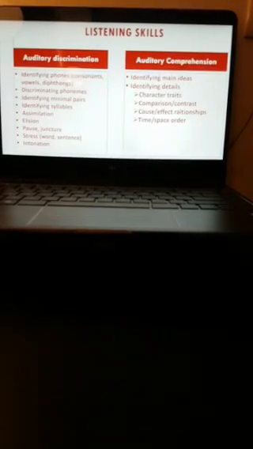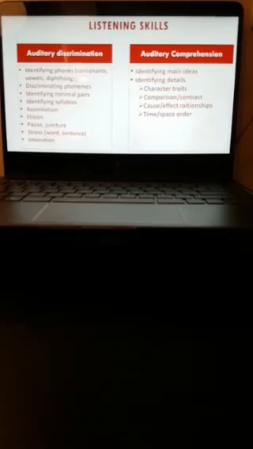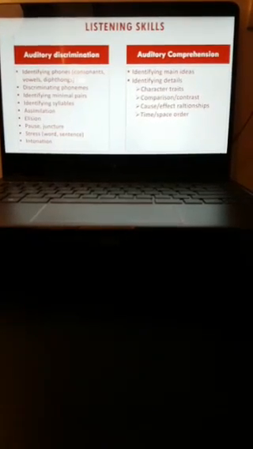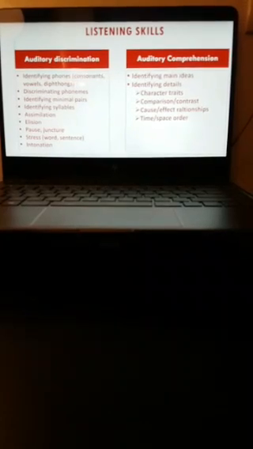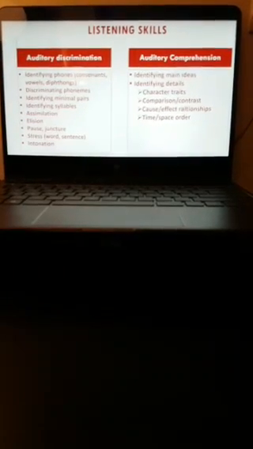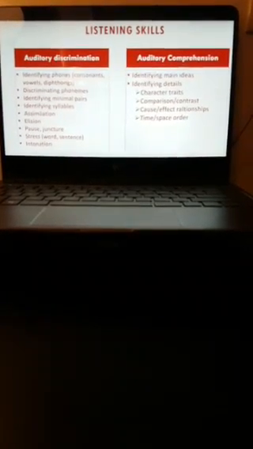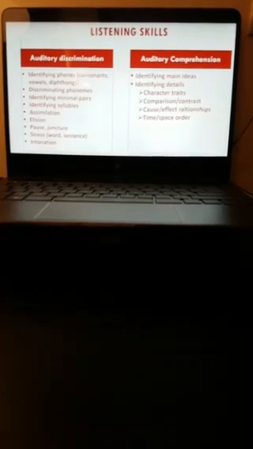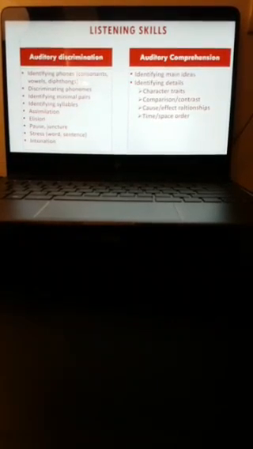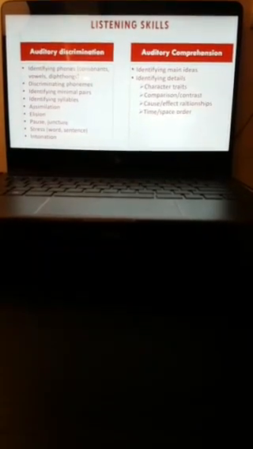We cannot move our vocal organs from a voiced consonant to a voiceless consonant when they are next to each other. So we have to assimilate. We have to devoice one consonant, which is the Z, so that both are voiceless. Newspaper.